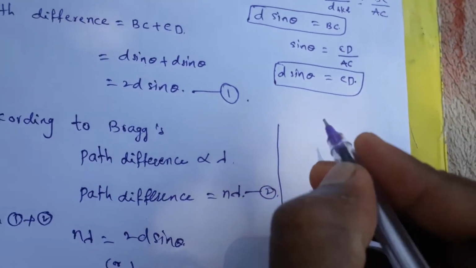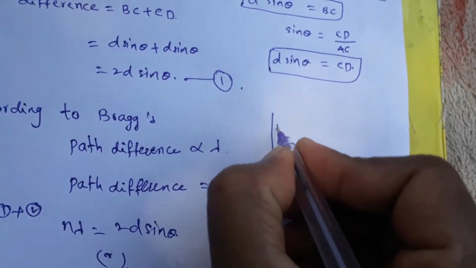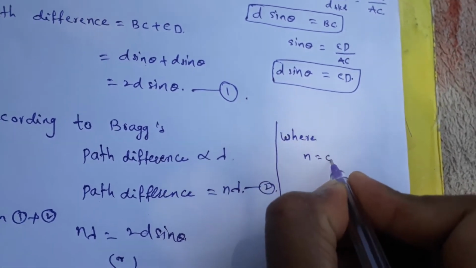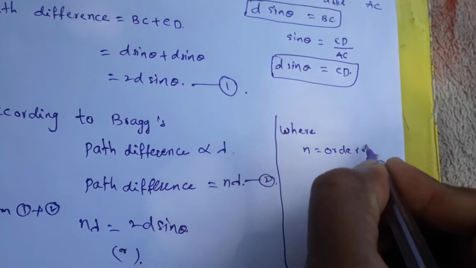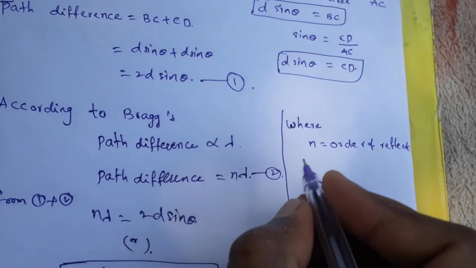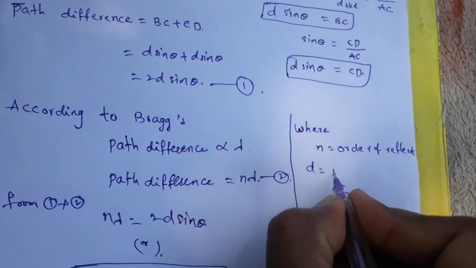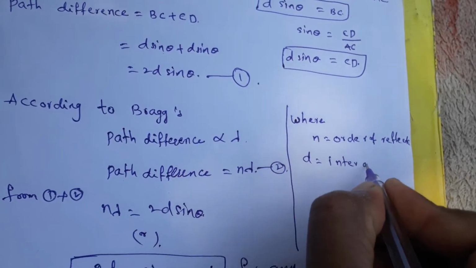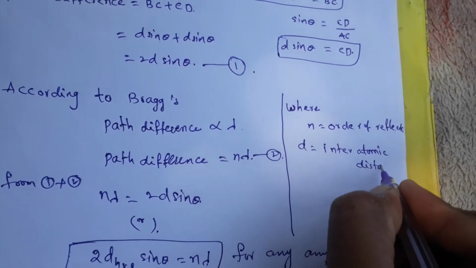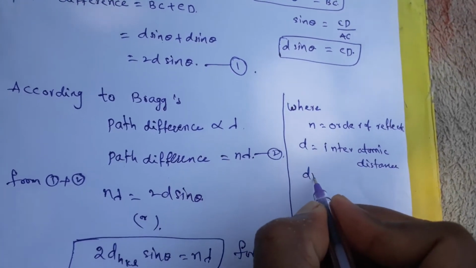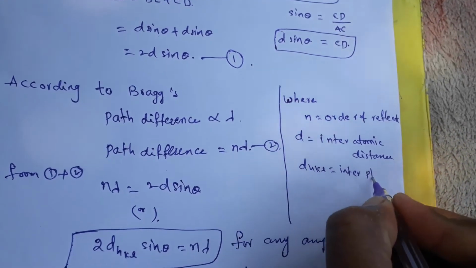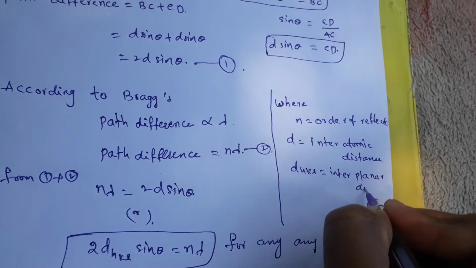So these are some of the terms in Bragg's equation, where n is the order of reflection, d is the interatomic distance, and d HKL is the interplanar distance.